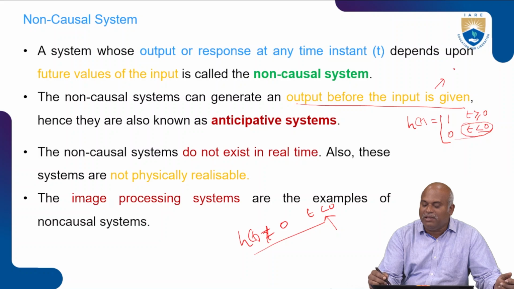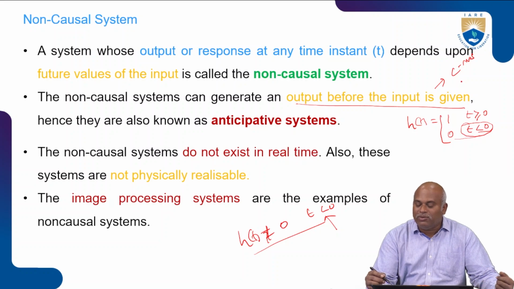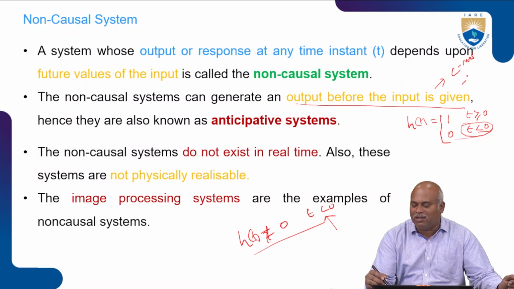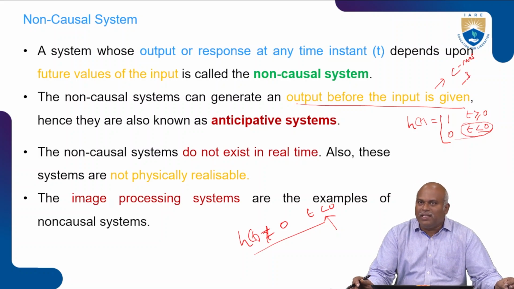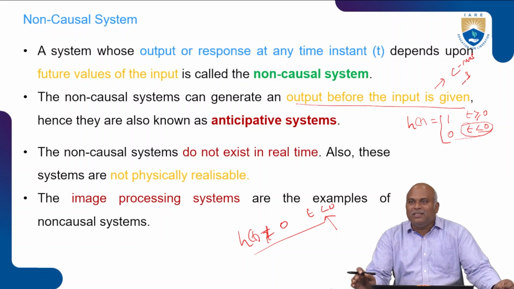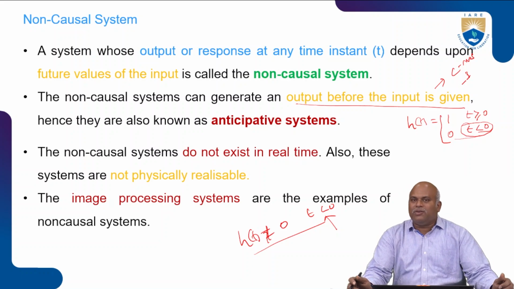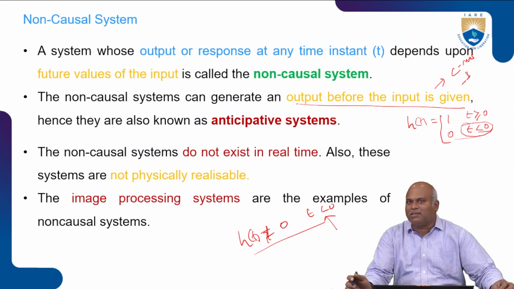For example, CMOS circuits. They work for negative voltage and negative current also. Circuits like that are represented as a non-causal system response. Most of the memory devices are designed based on the non-causal system.